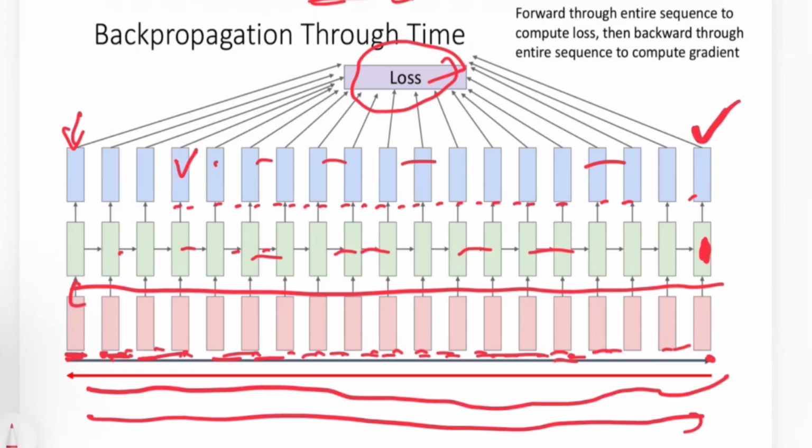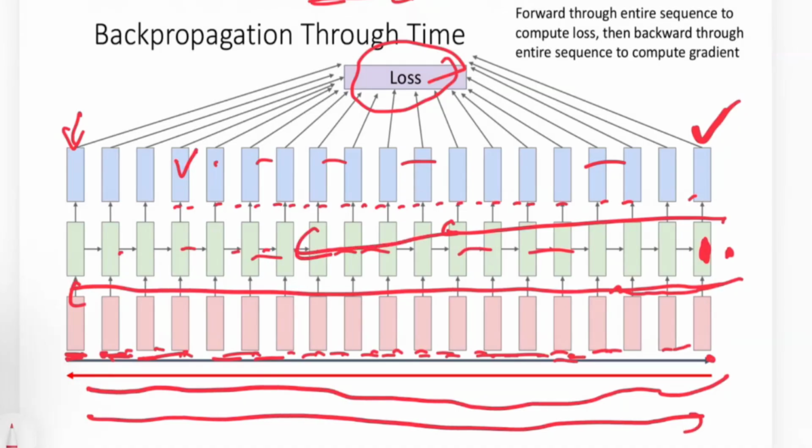Then you have to store the information of every state, and once you reach the end, go back, which means finding the gradient. In the backward pass you'll be finding the gradient, and computing the gradient has complexity involved. So going back is also a space and time consuming process.